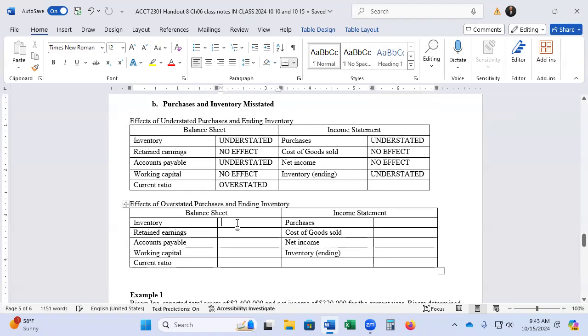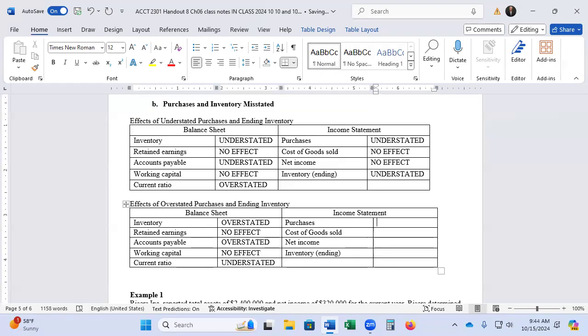Now this would be overstated purchases and inventory. And so this is overstated. Retained earnings has no effect. Accounts payable would be overstated. Working capital would have no effect. And current ratio would be understated.